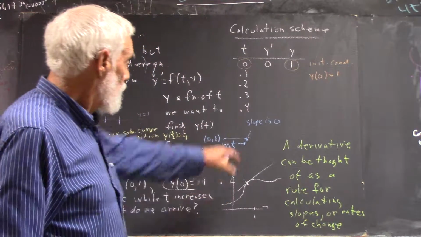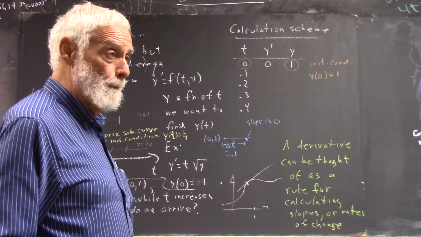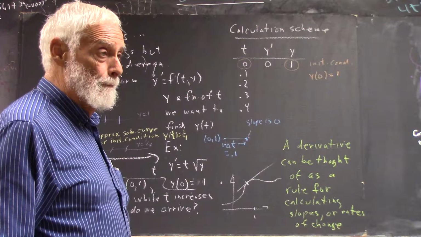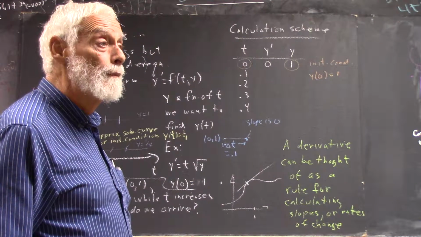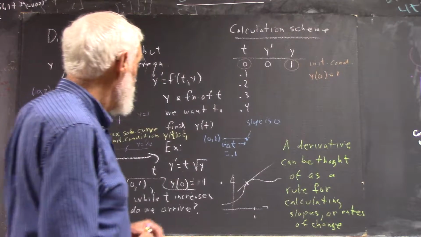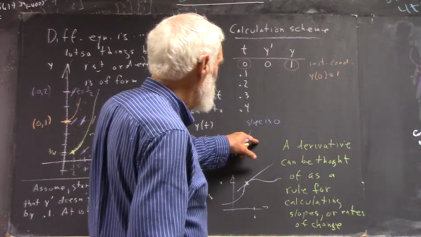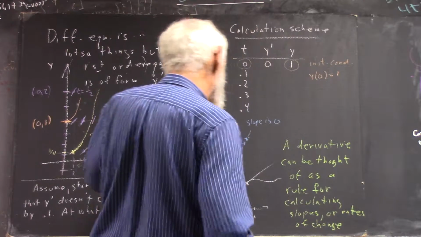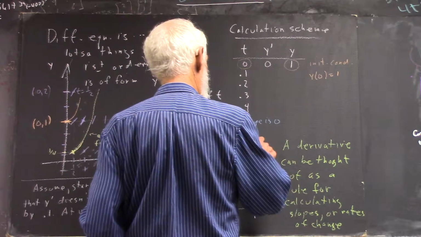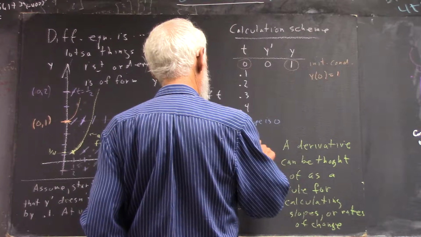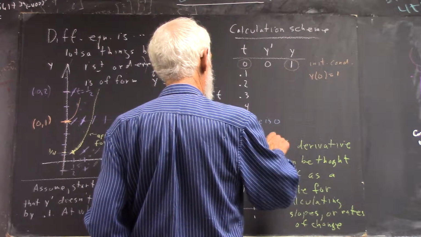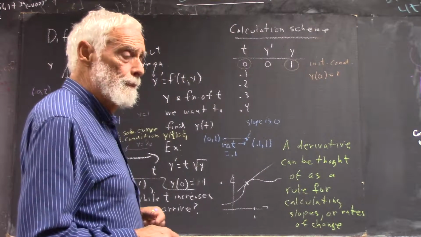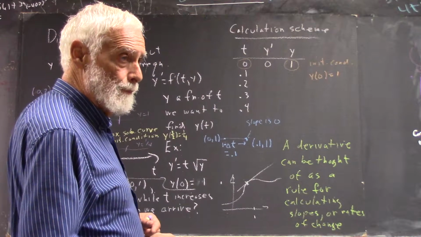So what are the coordinates of the point that we end up at? (0.1, 1). Yeah. We're at (0, 1), slope is 0, so the y coordinate is not going to change. t changes by 0.1, it was 0, so now 0.1.